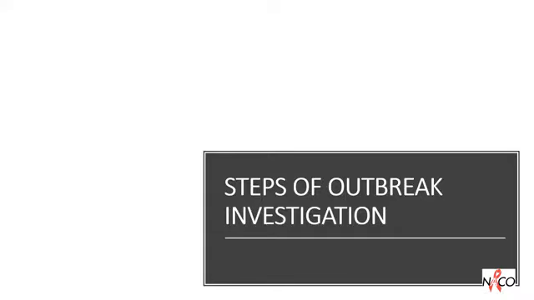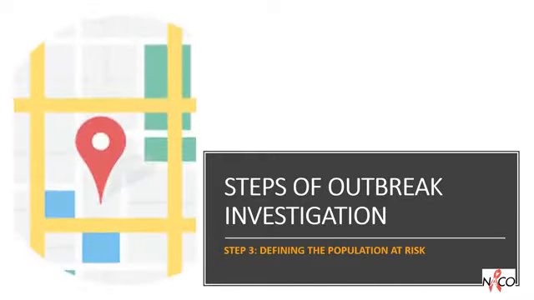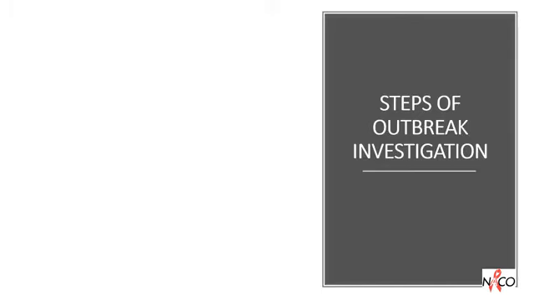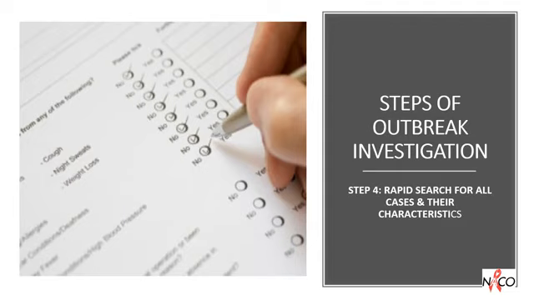Step 3: Defining the population at risk by obtaining map of the area and counting the population. Step 4: Rapid search for all cases and their characteristics by means of medical surveys and case sheets.